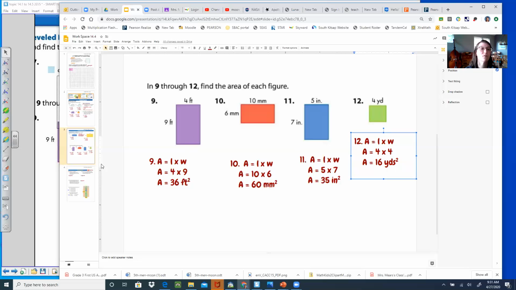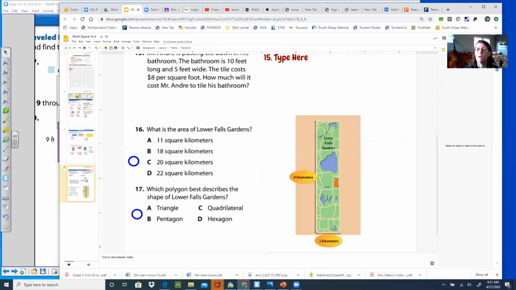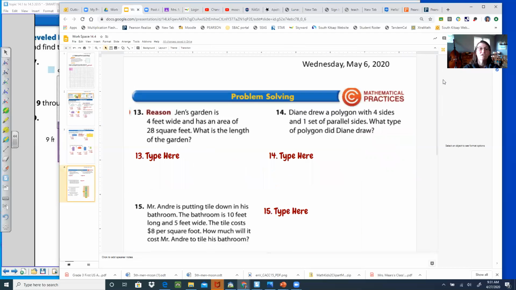So now I'm going on to my fourth page. Jen's garden is 4 feet wide and has an area of 28 square feet. What is the length of the garden? I'm going to draw it because I'm a visual person and that helps me out. So I'm going to come up here. Oh, maybe I'll go over here.